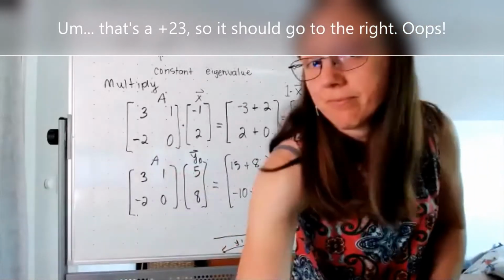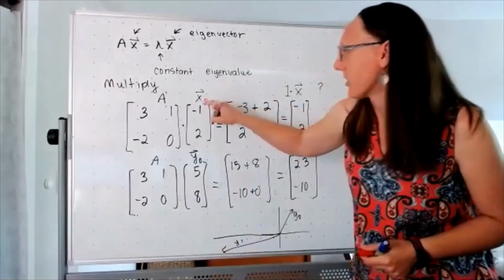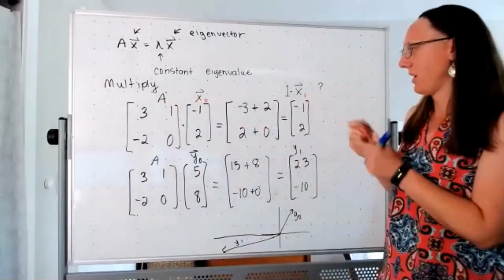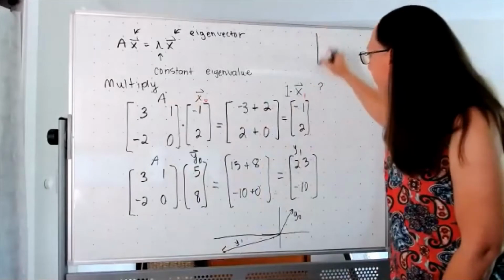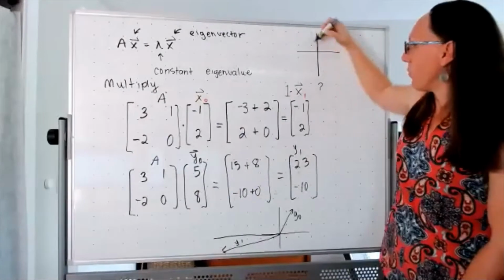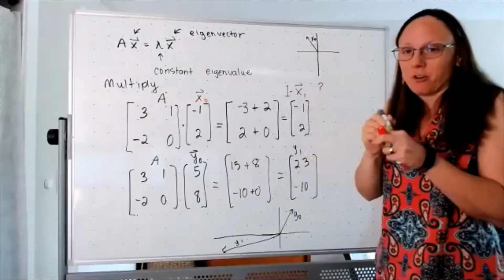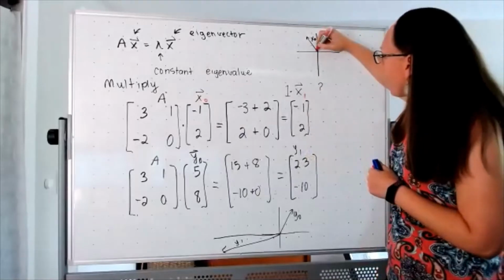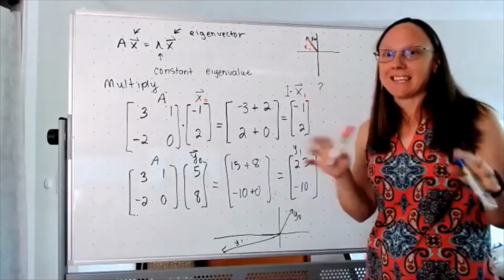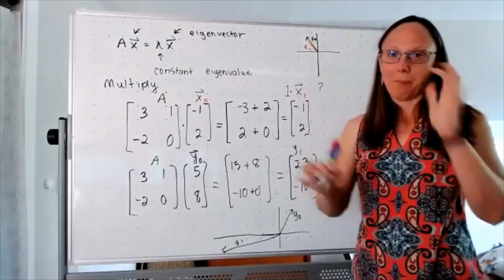But when I had this very special vector x0 and I multiplied it by the matrix to get x1, turns out that that super special vector, negative 1 up 2, gave me exactly the same vector back when I multiplied it by the matrix. Isn't that cool? Or totally random, or not totally random because it's math.